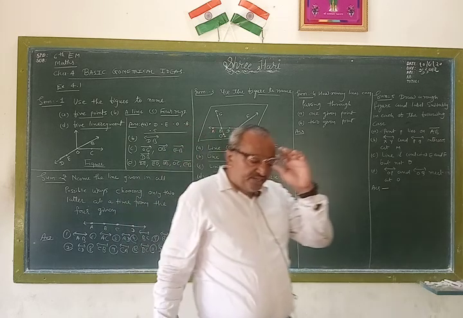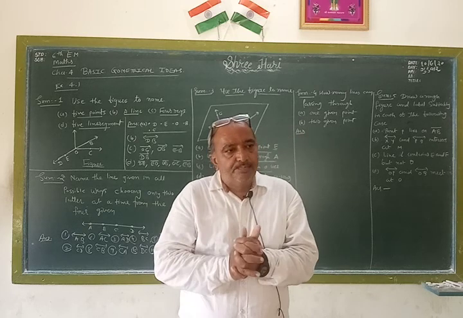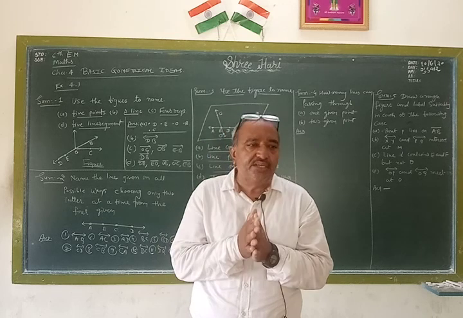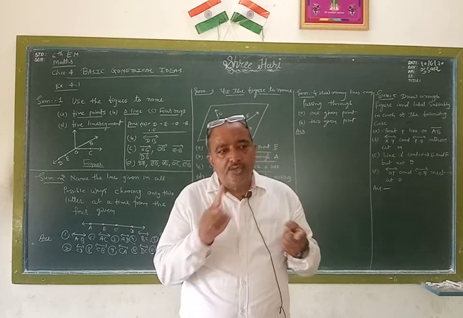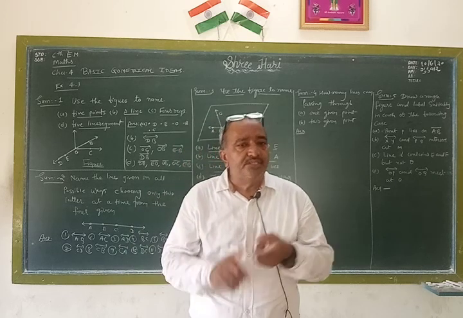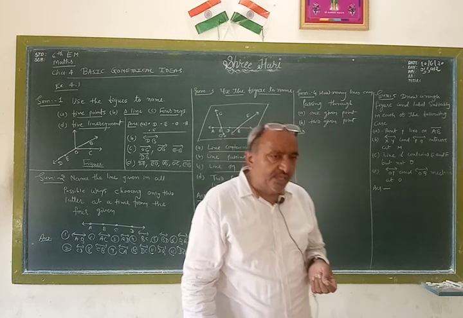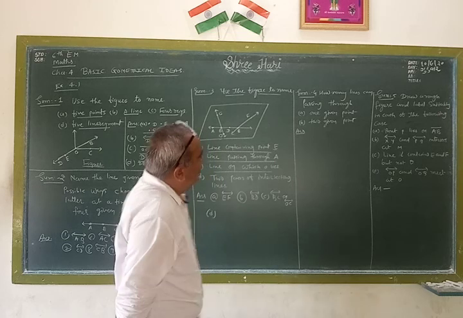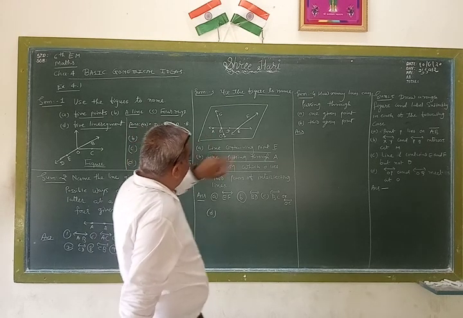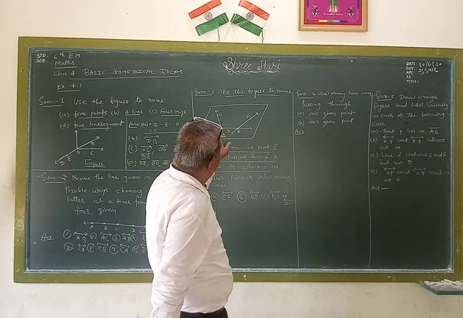What is the meaning of intersecting lines? In the past we studied intersecting lines. In the same plane, two lines that cross each other at one point are known as intersecting lines. We can see here line EF and line AB or AD or AE.